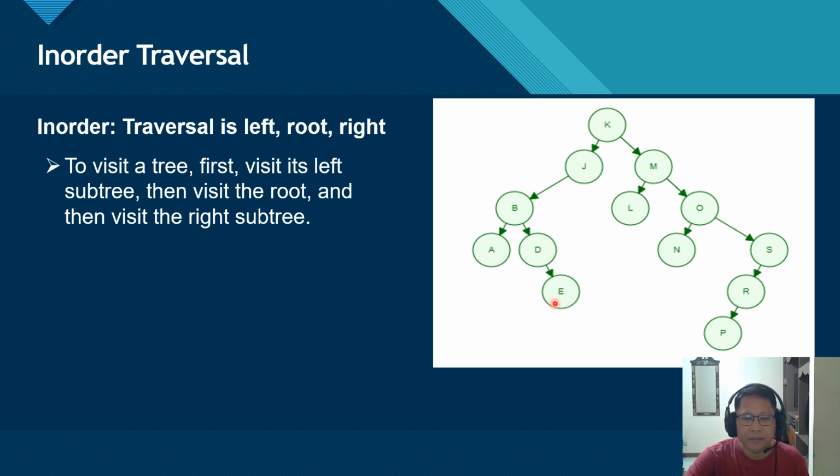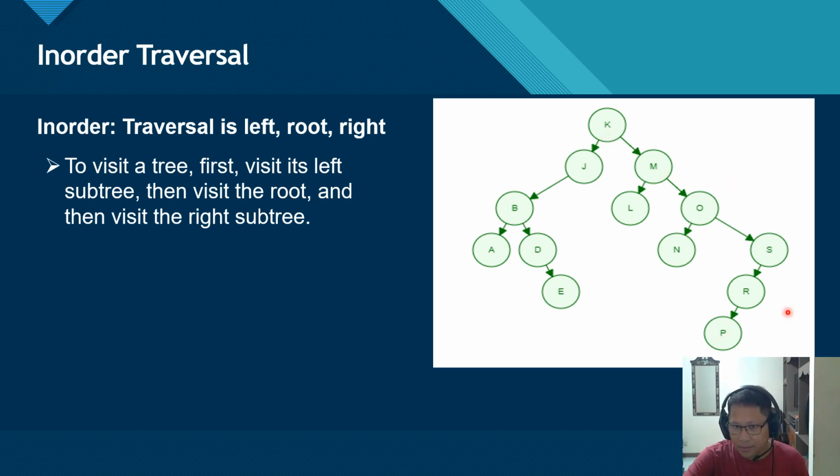Now after here, let's proceed with J, which is the left child of the root K. So J, then since J doesn't have any right child, let's proceed with K. So after K, let's proceed with the right subtree.